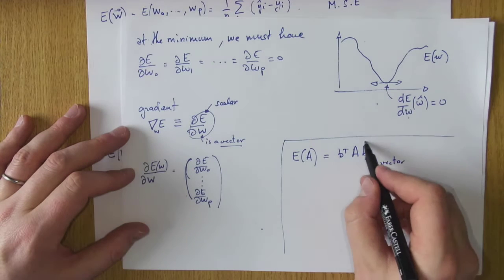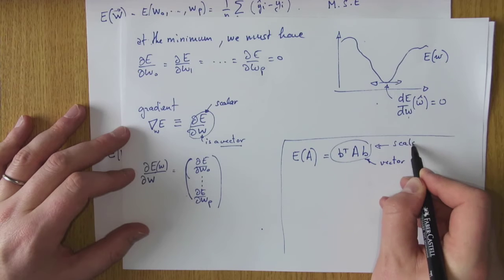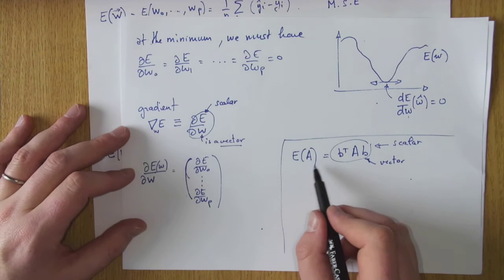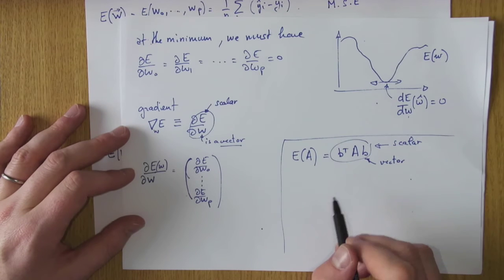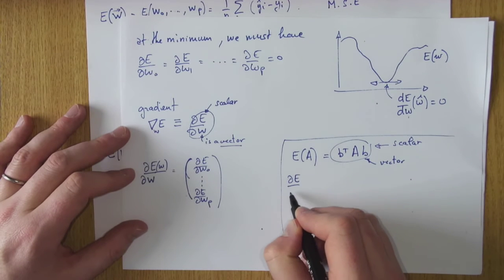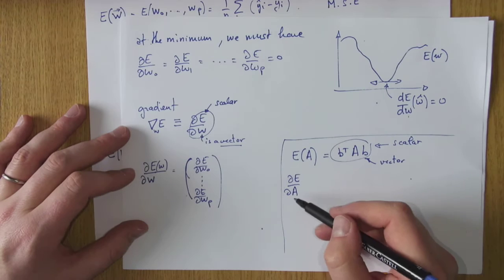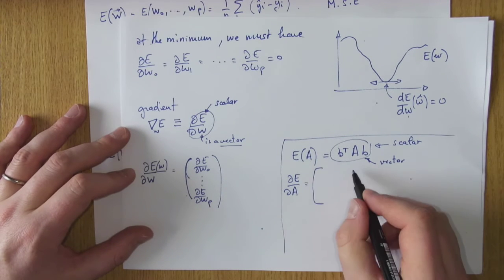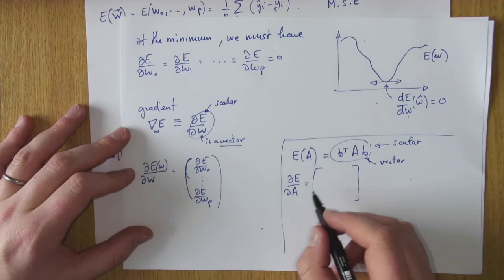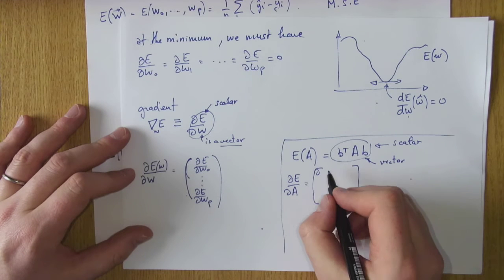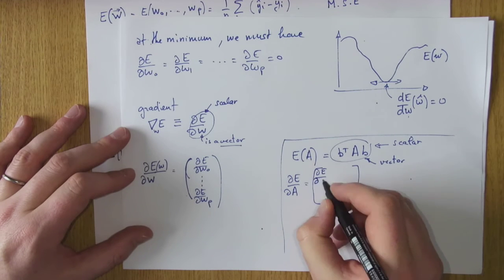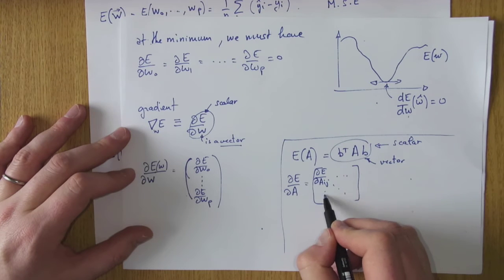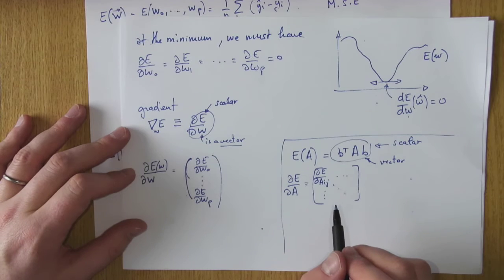That quantity is a scalar, and it's a function of a matrix. You can compute the partial derivative according to A, and all it is is a matrix, the same shape as A, that contains the partial derivative according to each of the elements of your matrix.